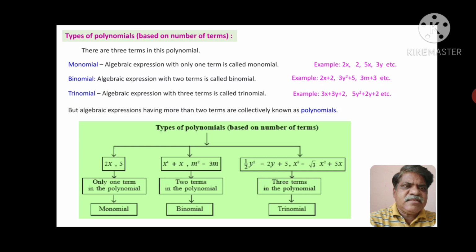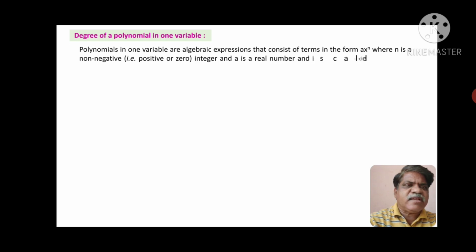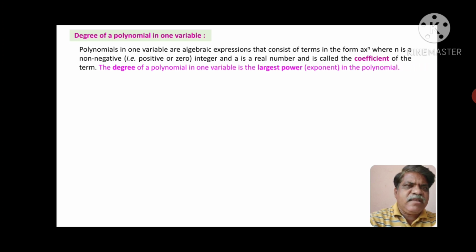Now let us see the next, that is the degree of a polynomial in one variable. Polynomials in one variable are algebraic expressions that consist of terms in the form of ax raised to n, where n is a non-negative integer. The degree of a polynomial in one variable is the largest power, or you could say exponent, in the polynomial.